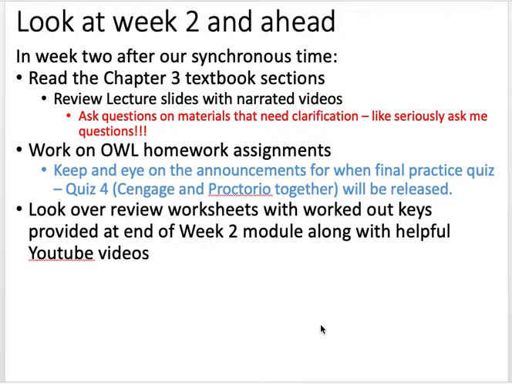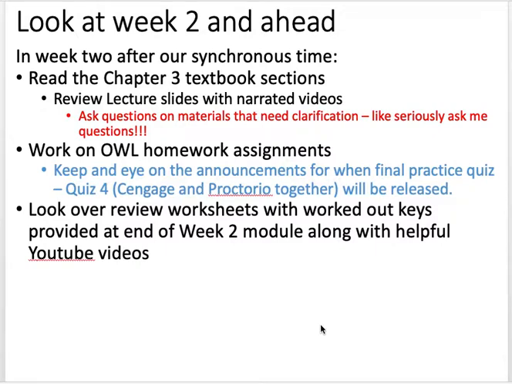So I mentioned it a couple times, but please keep in mind our first exam, exam 1, is going to be on August 31st. It will be during your synchronous time, okay? You will have the whole 85 minutes. So on August 31st, there won't be anything else to do during the synchronous time except take the exam. Now, for the rest of the week, you'll still have stuff to do, but you won't have anything else to do for the synchronous time.